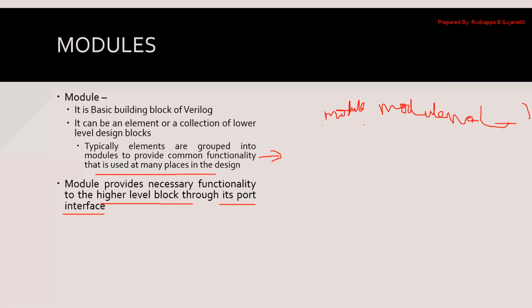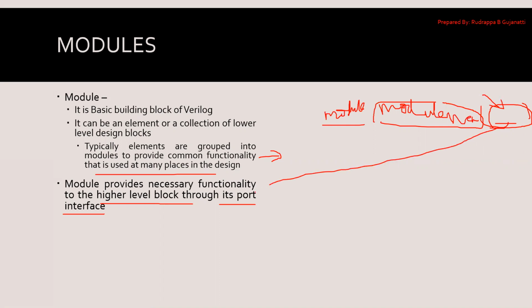With the help of this keyword, this name and the list of ports, which will be utilized for building the entire module, we'll see again with an example. So a module provides the necessary functionality to build the higher level blocks with the help of lower level blocks, and also the list of interfaces required, which is obtained through the ports.